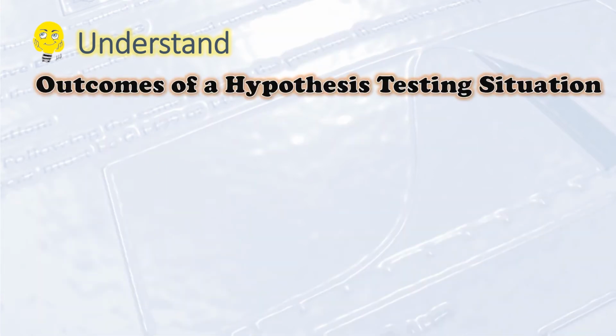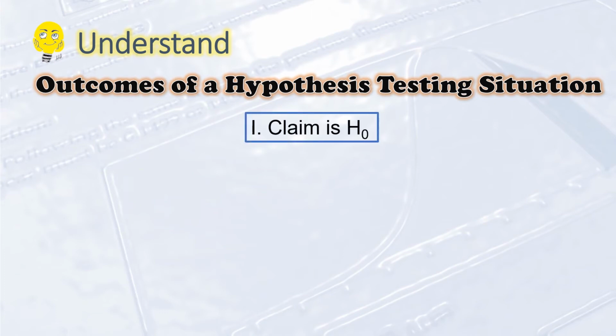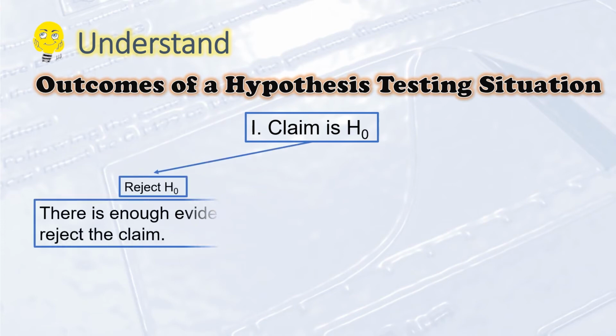In the outcomes of a hypothesis testing situation for drawing the conclusion, there are two cases. Case 1 is when the null hypothesis is the claim. If the null hypothesis is rejected, then the conclusion is that there is enough evidence to reject the claim, and we write the sentence based on the given problem.